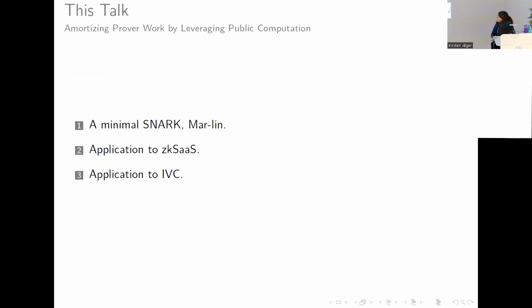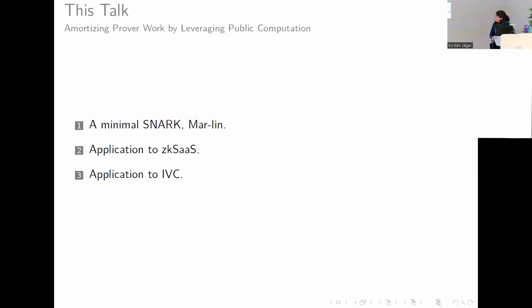Okay, so finally, I will talk about some results of some things I've been working on, again, very much on the high level. And I will continue on this idea of amortizing prover work. The idea is, if you cannot reduce the cost of the prover, try to amortize it. So try to prove many instances at the cost of one.